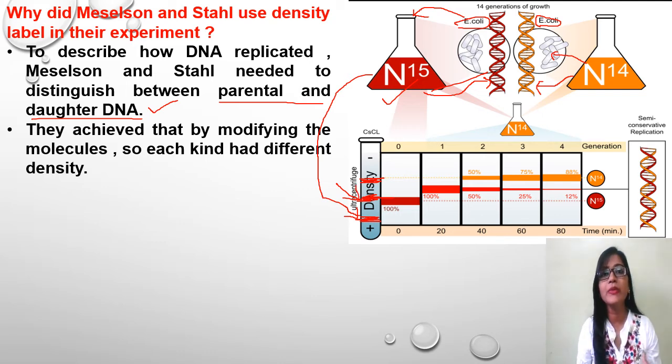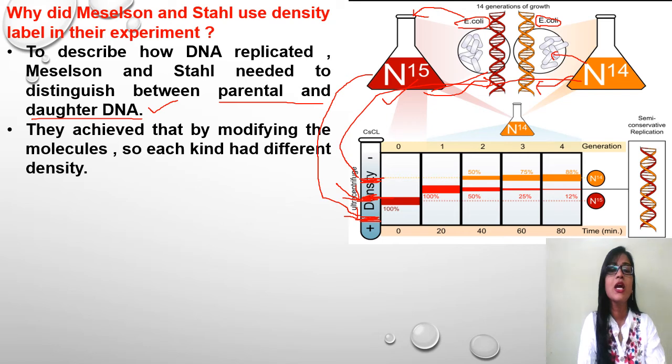What do you mean by hybrid? Hybrid means that bacterial cells contain both N15 as well as N14 isotopes. If you are talking about only N14 isotope, as N14 is comparatively lighter than N15, it will form the band at a different position.